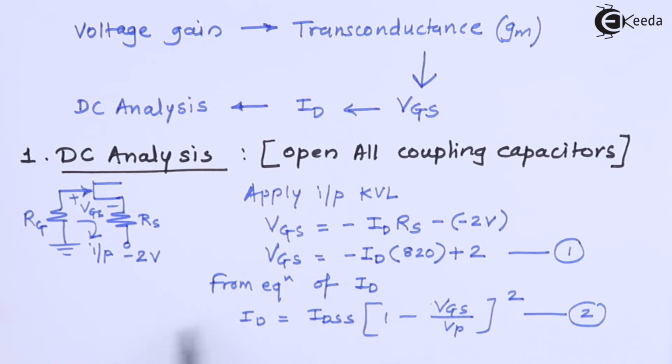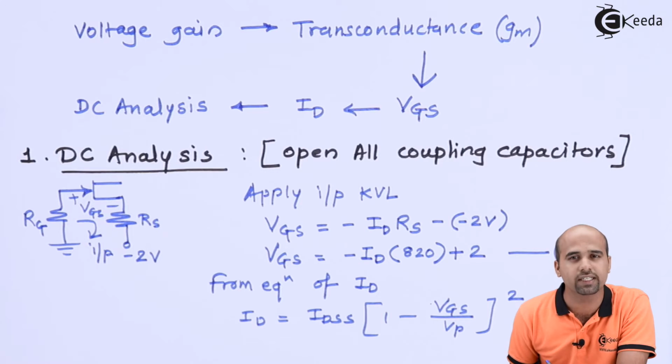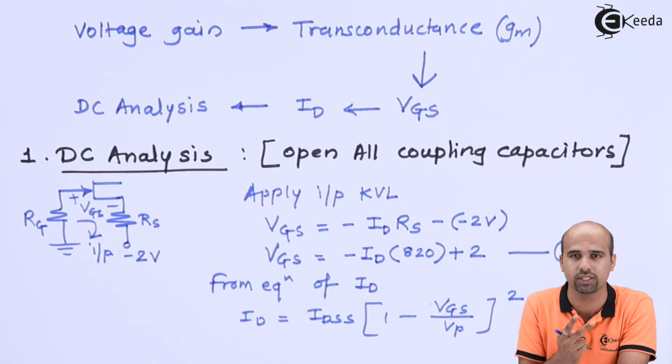So everything I will be getting in the form of ID. We will be getting a quadratic equation of degree 2, so we will get roots ID1 and ID2. We have to select one of these two.